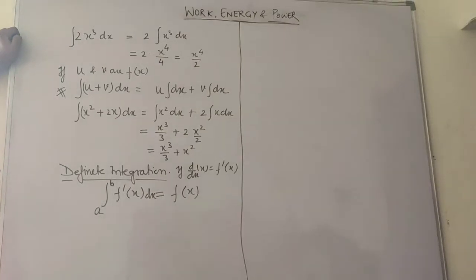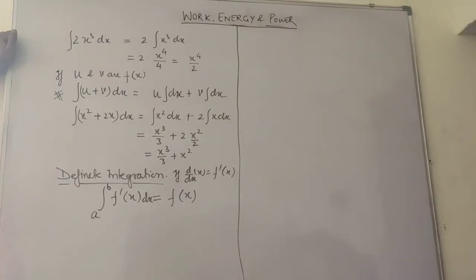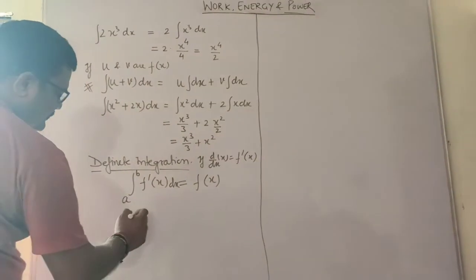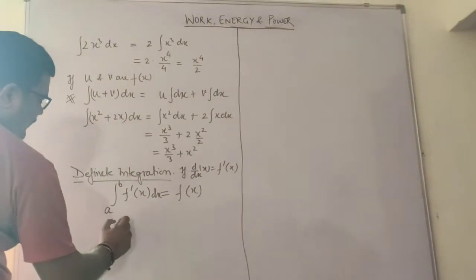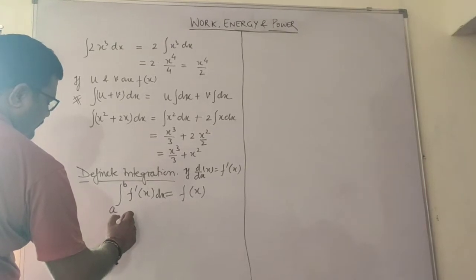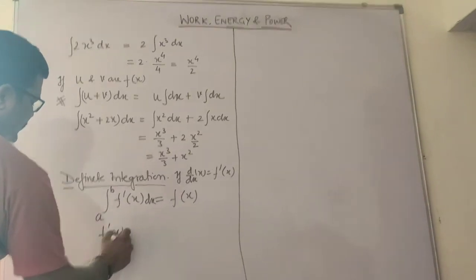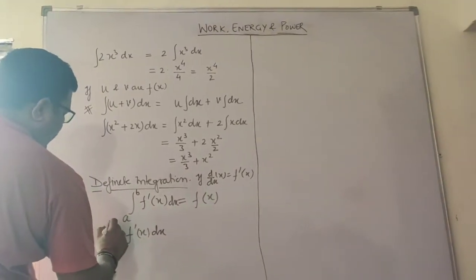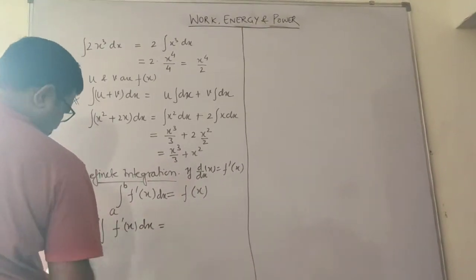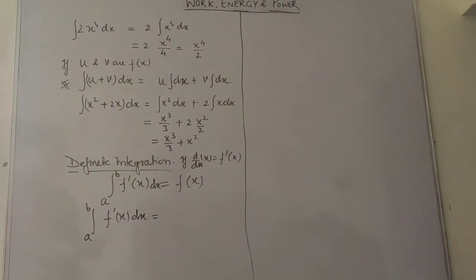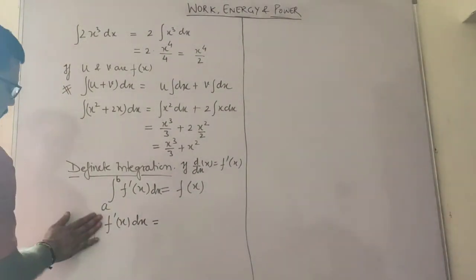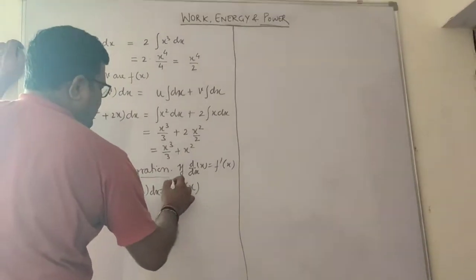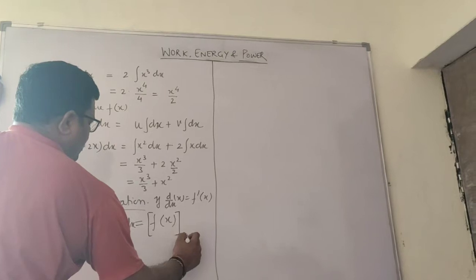If this is written with an integration sign, then the integral of f dash x dx, on integration, you will get the result with limits a and b.